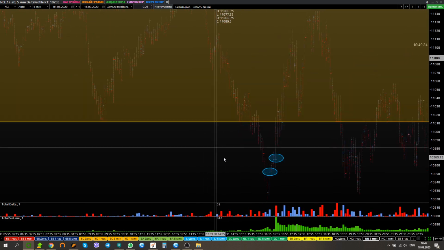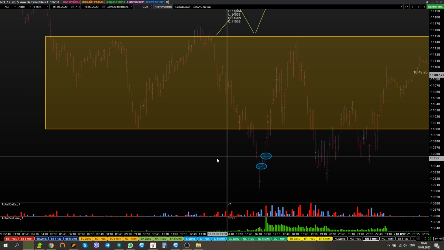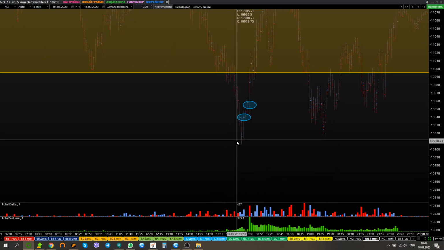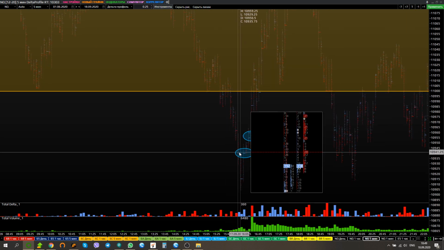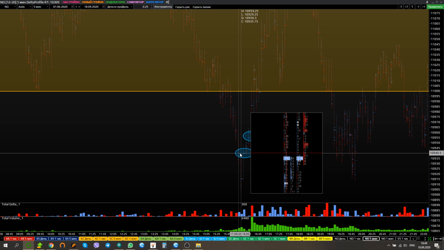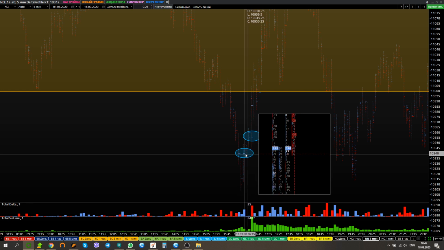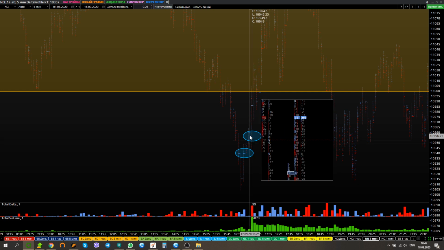So for example, if we speak about the last movement of Nasdaq, we can see that when the price was falling, we met a lot of market buyers right here. And the interesting thing is that we have several clusters with positive delta at one price, like here and here.